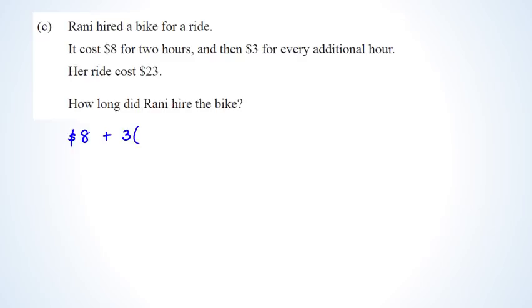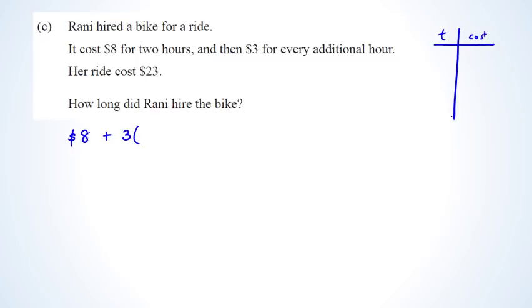If you think about it, what we should do is let's actually make a quick table. All right, so you can have a look. Let's put this as time, and then let's put this as cost.